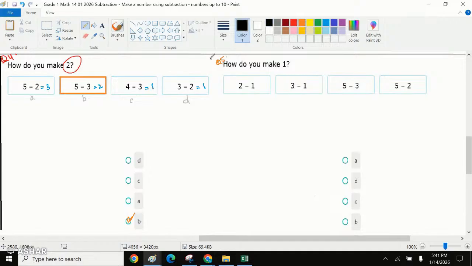So this is question number 5, and question number 5 says, how to make a 1? How can we make a 1 out of these numbers? The options given to us are option A, option B, option C, and option D. Which option should be the correct option?